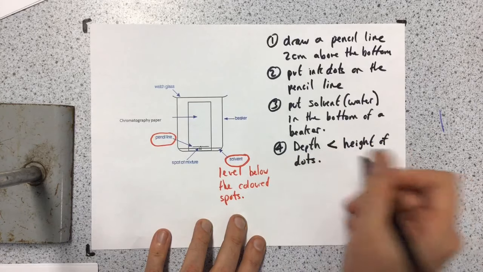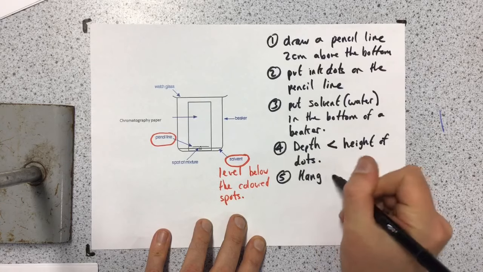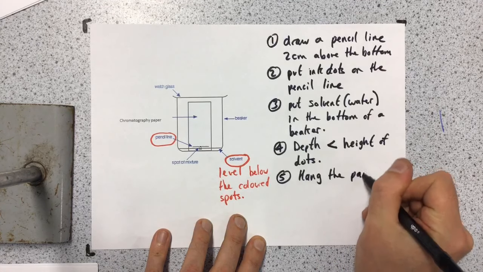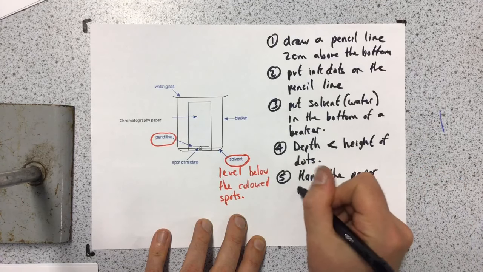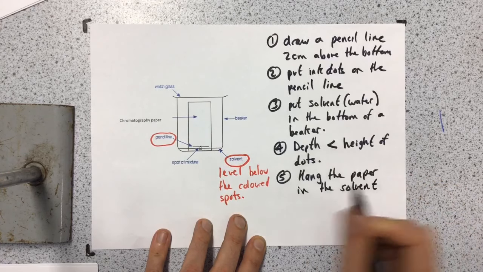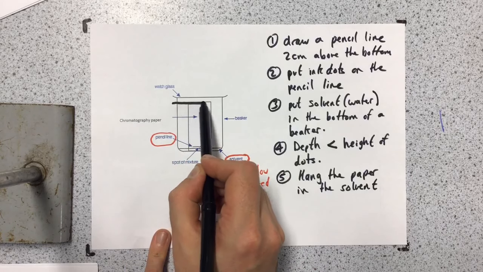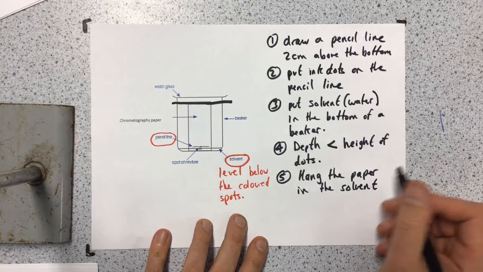The next thing you will do is hang the paper in the solvent. We've usually done that with a wooden splint just across the top of the paper.